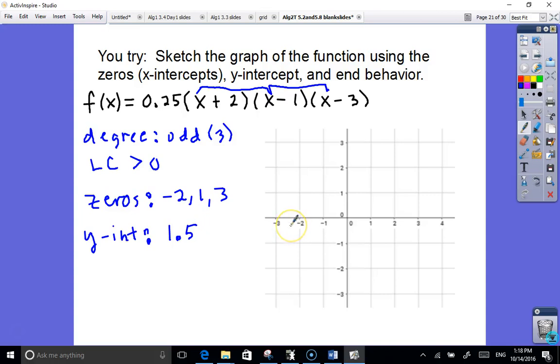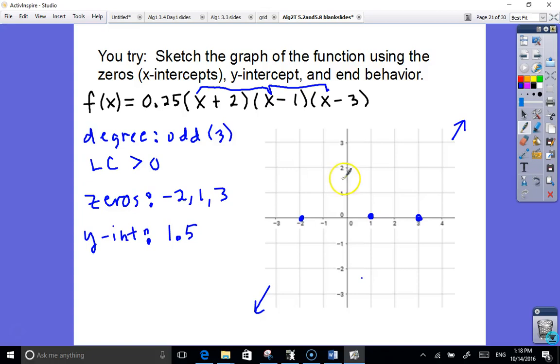So what did we say about the end behavior? It's the same, right? Because it's an odd degree polynomial, the leading coefficient is positive, so it's going to go off in that direction and that direction. It's got a 0 here and here and here. Any of those have that characteristic tangent to the x-axis? What are the exponents on all the factors? 1. So that means it passes through, which makes sense.